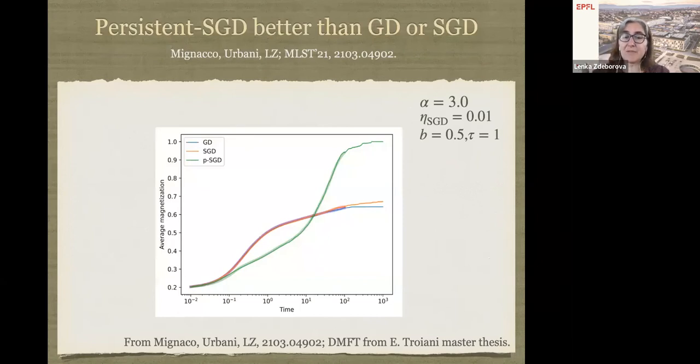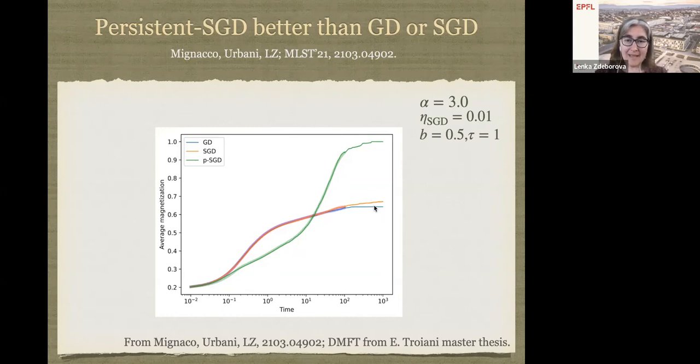But what do we get from it? So here is a plot where on the x-axis, we have average magnetization, which is the correlation between the weights that the gradient descent is currently having and the ground truth weights. So the bigger, the better, because if we correlate with the ground truth weights, then we learn the same function. And there are three lines there.